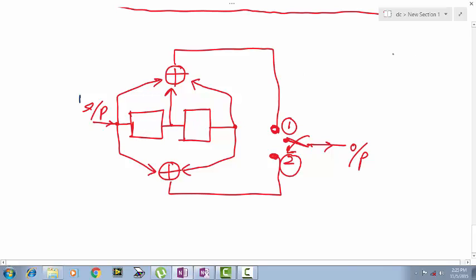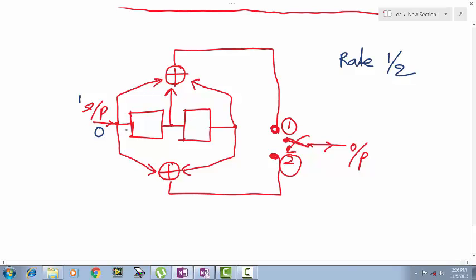So as said earlier, the rate is 1/2 because of 1 input and 2 outputs, and there are 2 memory elements. Now let us consider an input present here. Let us say a bit is present here, 0, let us say.